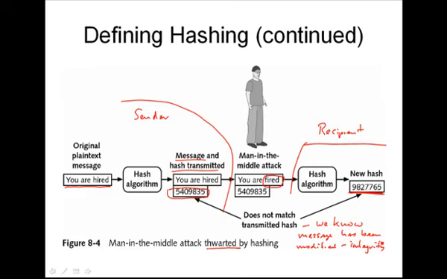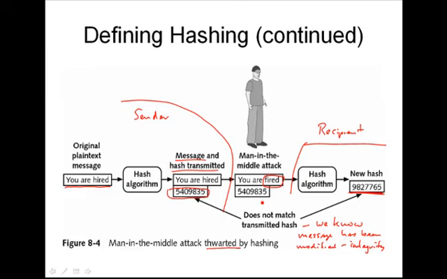It's been changed. Now, you may be looking at this, and I hope you're looking at this, and you're saying, well, why didn't the man in the middle change the hash that's being transmitted? Well, there's a way we can ensure that this can't be done. We'll talk about this later when we talk about digital signatures.